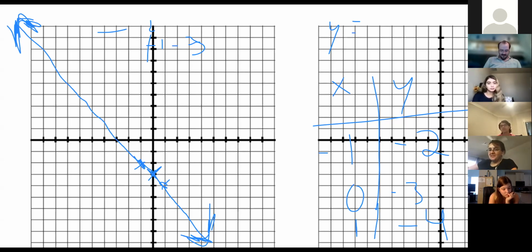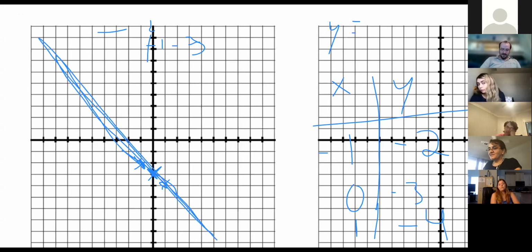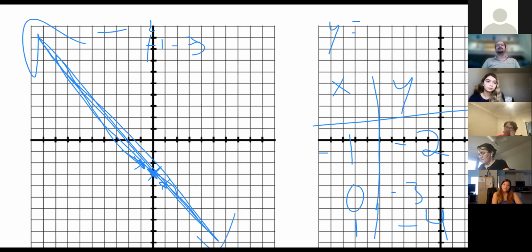Keeps going down. Yeah, I don't really like when people just do little lines. Sometimes they'll just do something like that. That's not what we're doing. That's not the solution. The solution is everything along this line, right? I want the whole thing. I want it to go the length of your graph as much as possible.